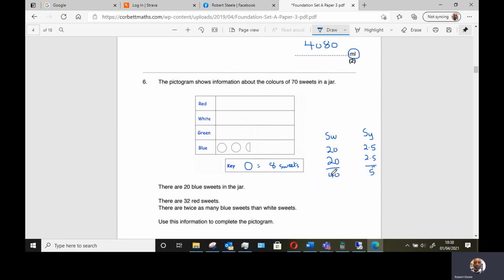And you might find 40 divide 5 an easier bit of maths to do. Still going to give you 8, but an alternative way to get to your answer. Then 8, 16, 24, 32.